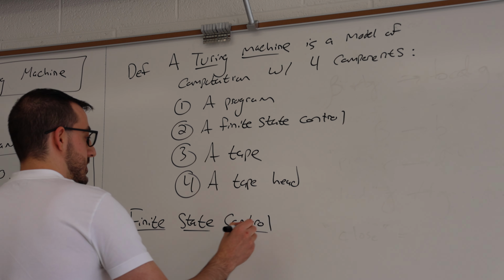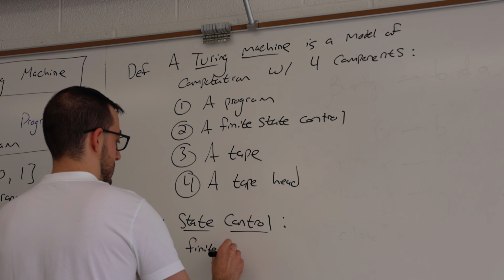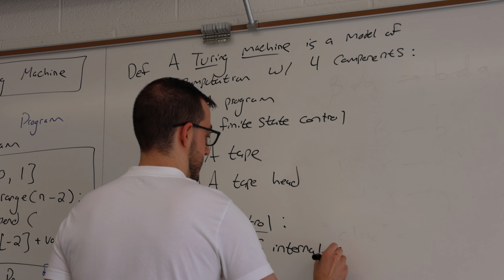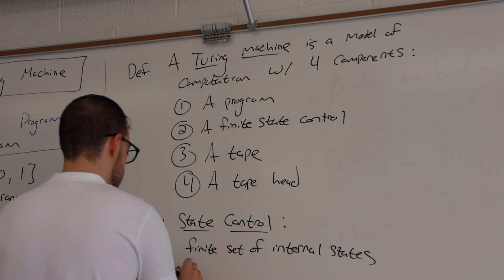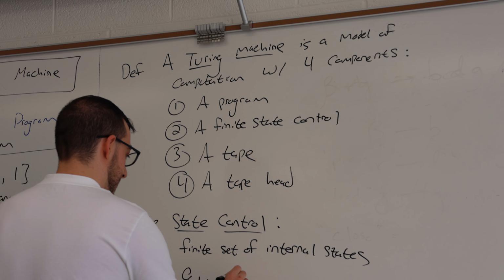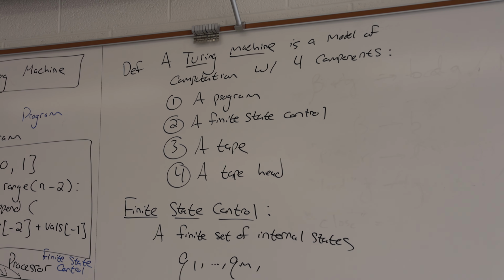So this is going to consist of a finite set of internal states. And we're going to index these Q1 up to Qm, however many you have in your particular Turing machine.